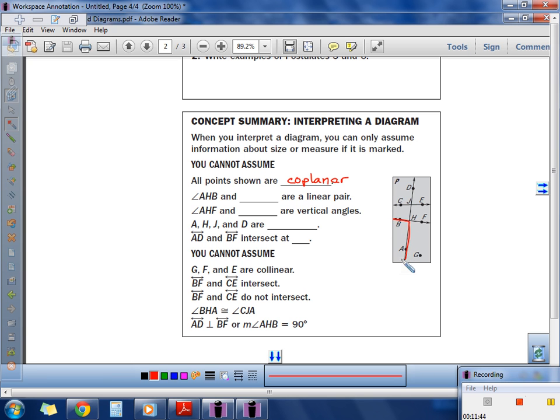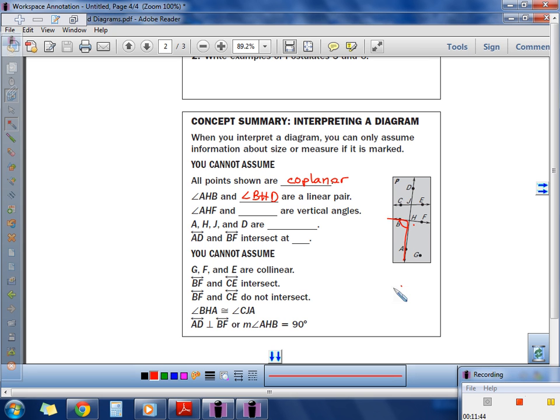AHB is right there. Angle AHB and something else are a linear pair. What's another angle that's a linear pair with that angle right there? I heard BHD. That would work. Angle BHD. There's another possible one that I like a little bit better.